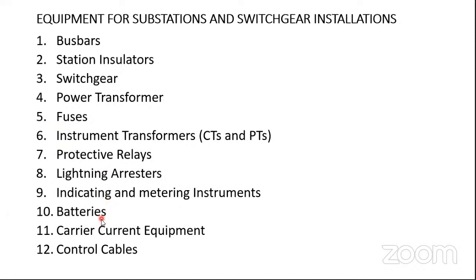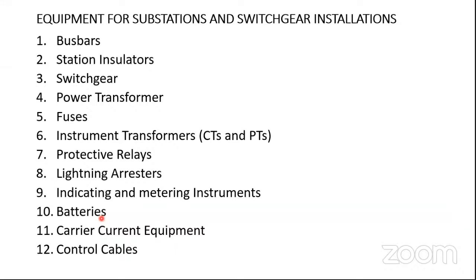Batteries. So what is the need of batteries? Now, in any electric power station, for the operation of automatic control equipment, you need backup supply. You need therefore batteries. Carrier current equipment.